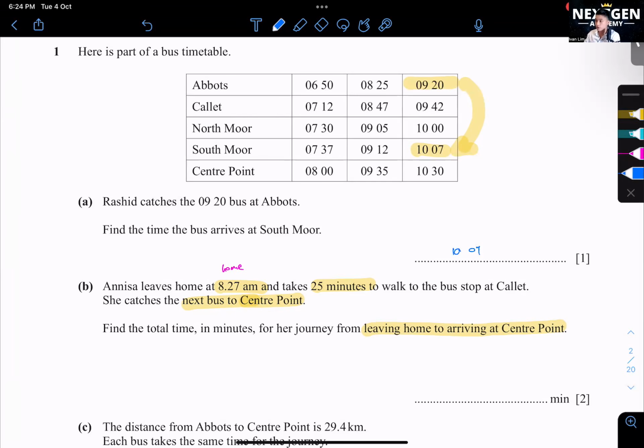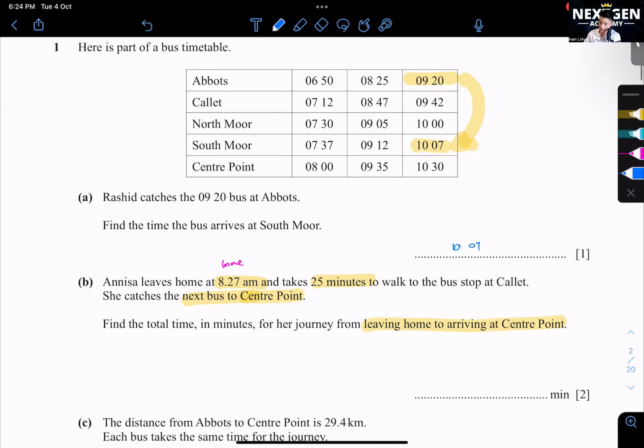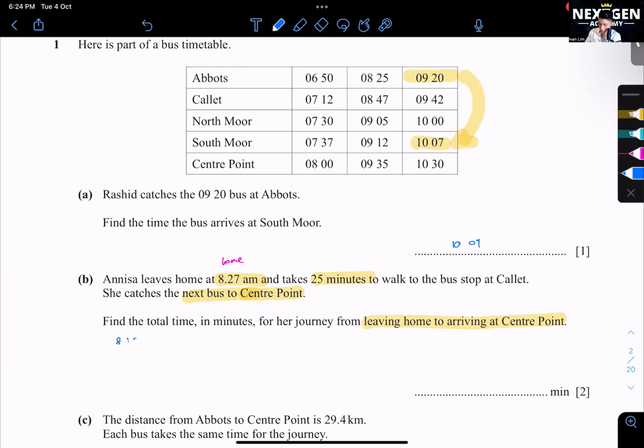So 8:27 a.m. plus 25 minutes first. You can write like this, 8:27 plus 25 minutes. What's the time that she reaches Kellett? So 8:52. This is arrive at Kellett.